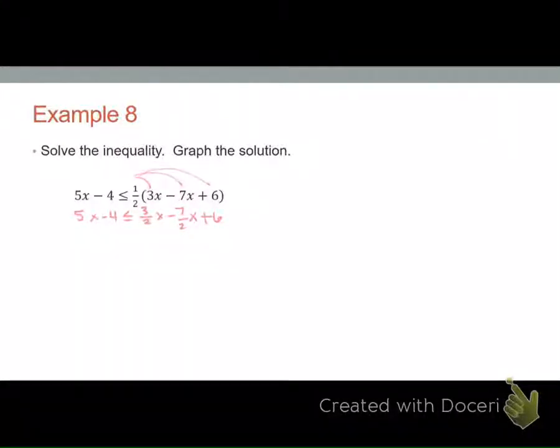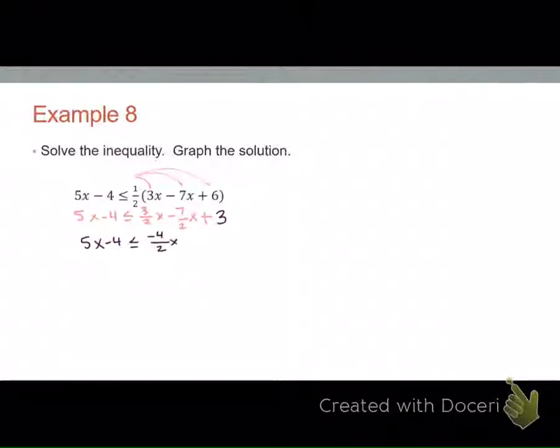Wouldn't 6 transfer to 3? It would be 3. I never distributed it through. Thank you. Okay. So then we combine our like terms. So 3 minus 7 is -4 over 2x plus 3. What's -4 over 2? -2x plus 3. So we add 2x because I want to get the variables to the left side.